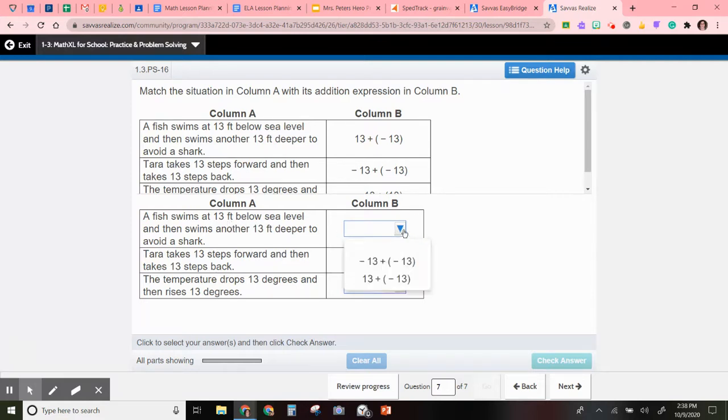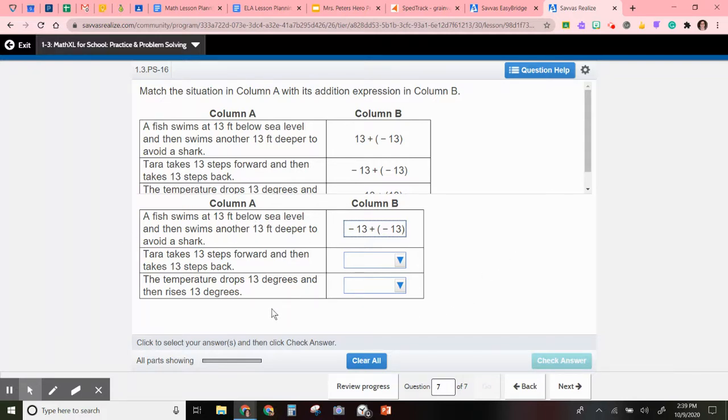So negative 13. So we know we need to start with negative 13. Okay. And then we're going another 13 feet deeper. So we would choose this one. The other one has us starting at 13 feet above sea level, and that is not where we're at.